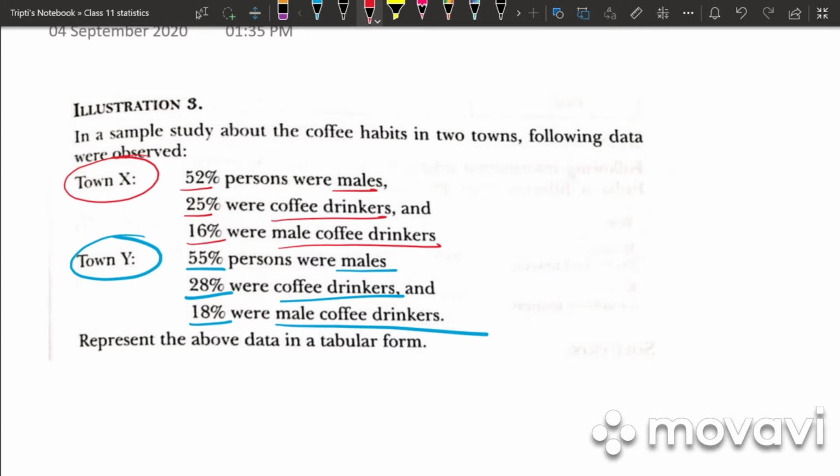So what information have they given us? Firstly, two towns, that is town X and town Y. Then gender is mentioned, male, so it will be male and female.